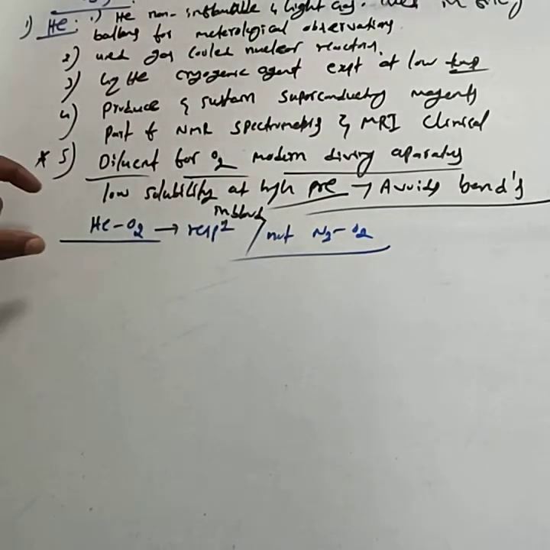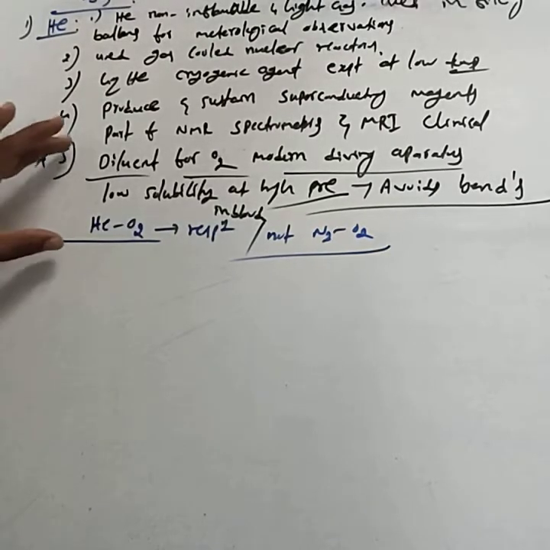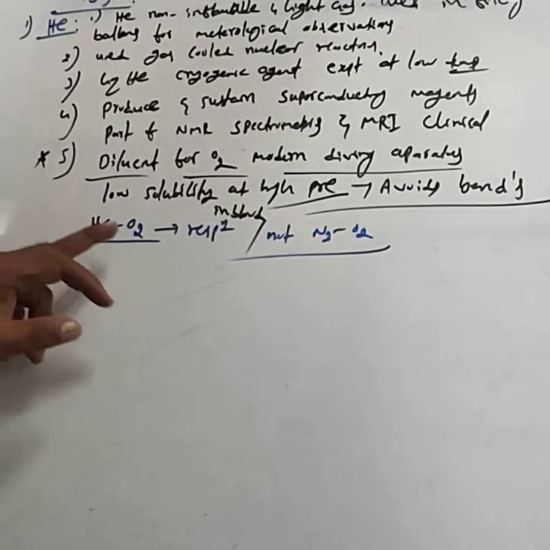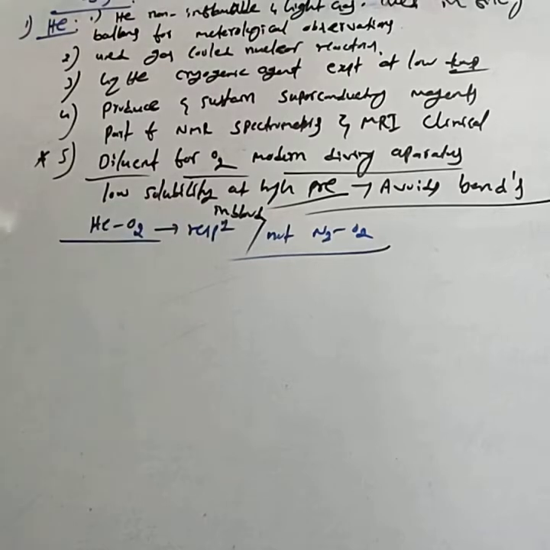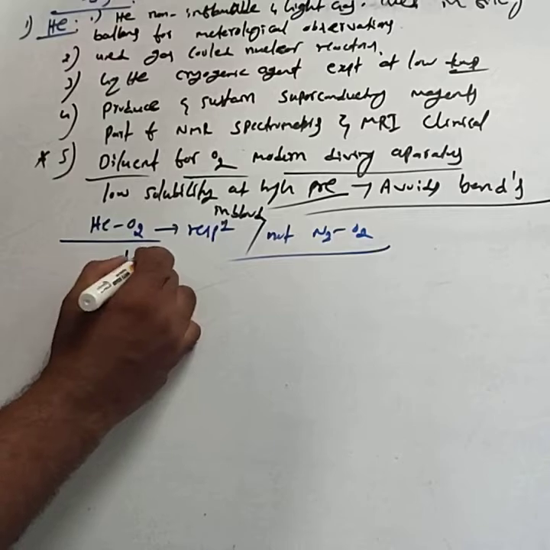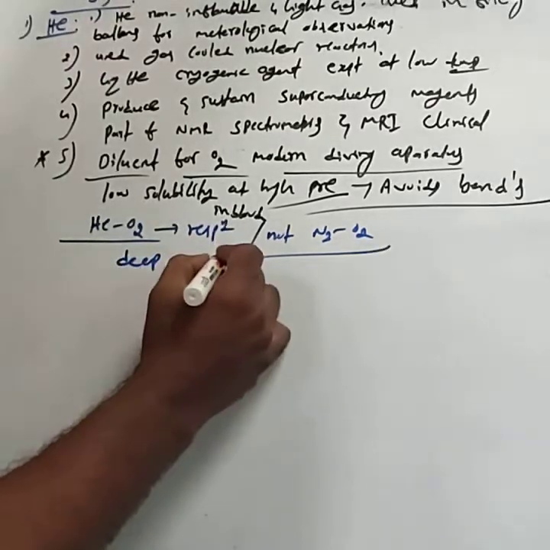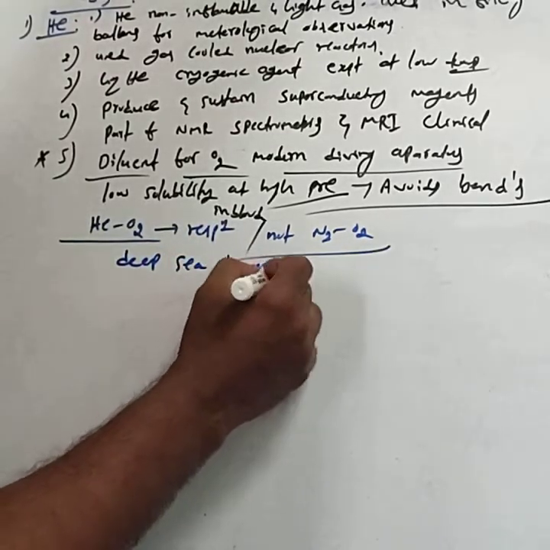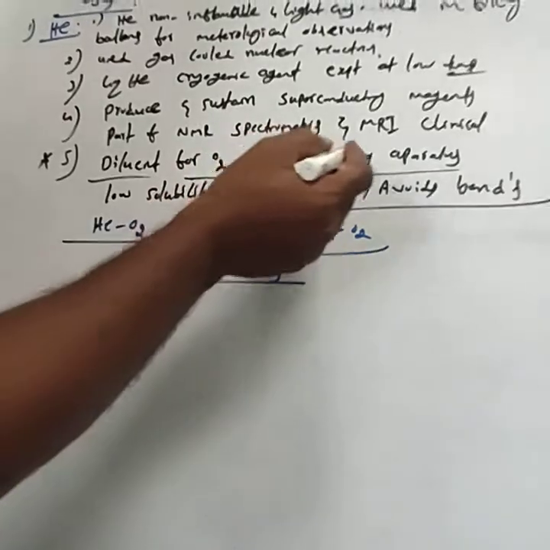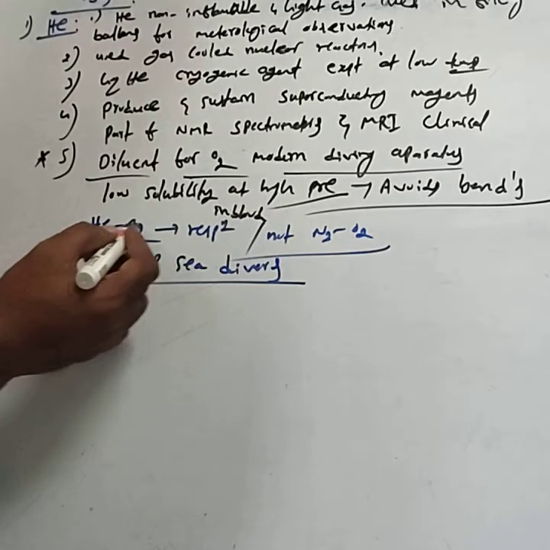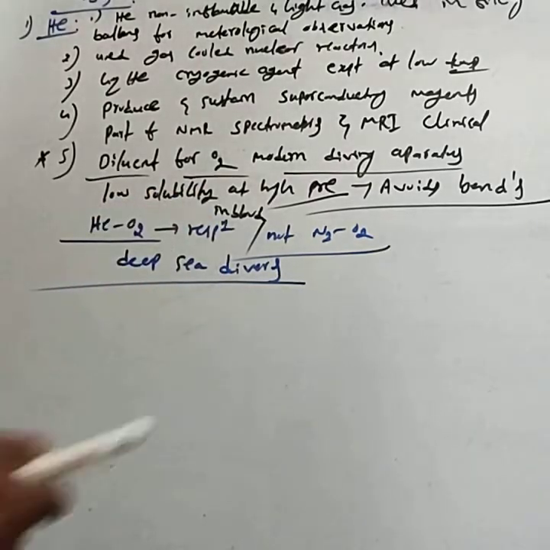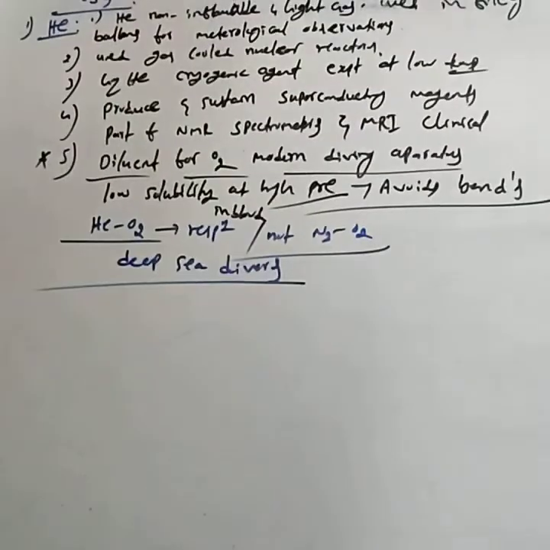Why? Already in the solution chapter you studied Henry's law. This is one of the applications of Henry's law. A helium oxygen mixture is used for respiration by deep sea divers, but not a nitrogen oxygen mixture.